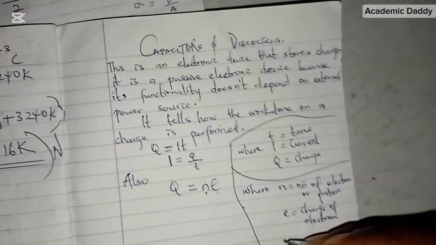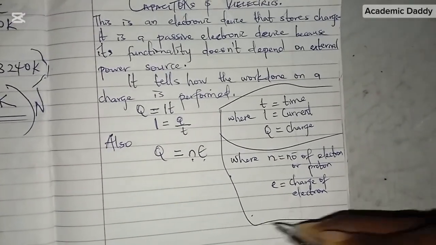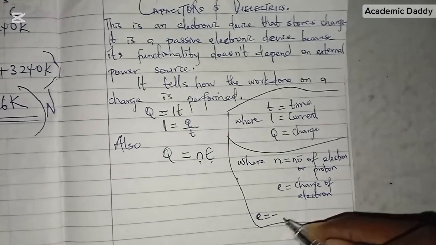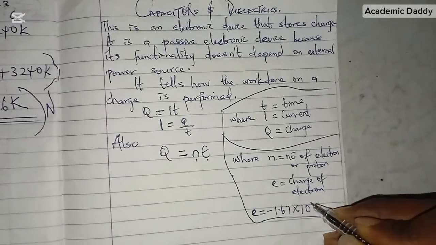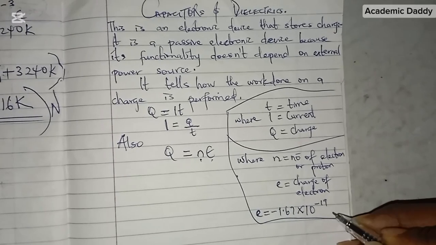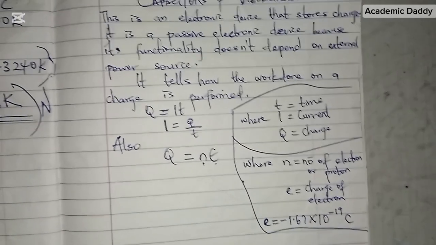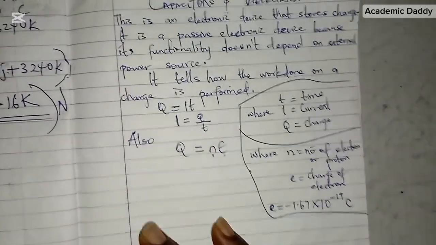So you know that number of proton and number of electron, they are the same thing. It's just that the charge of electron is equal to negative 1.67 times 10 raised to power minus 19 coulomb. I should be correct. I hope so.